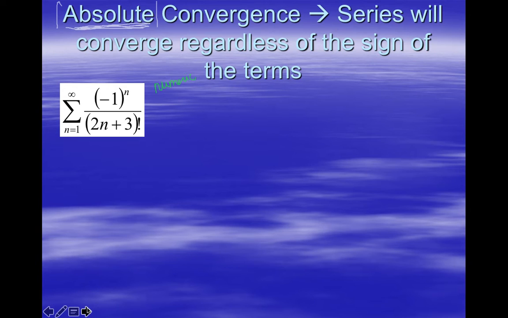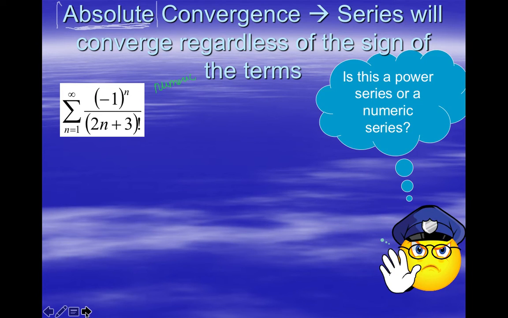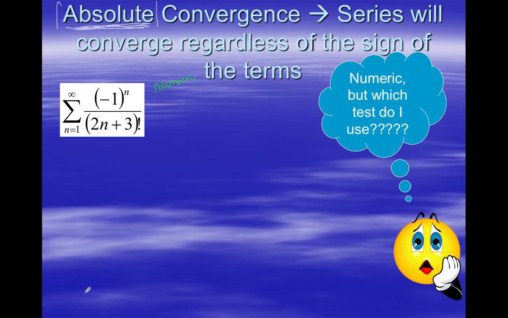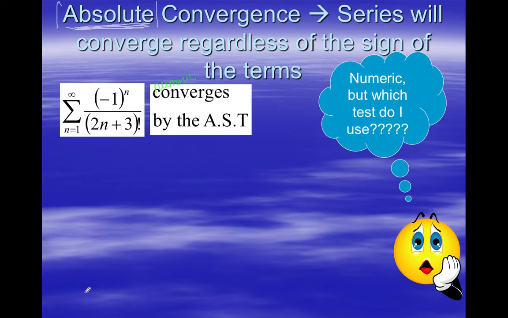Because for the alternating series, as long as your terms go to 0, it will converge. So I got converges by the alternating series test.